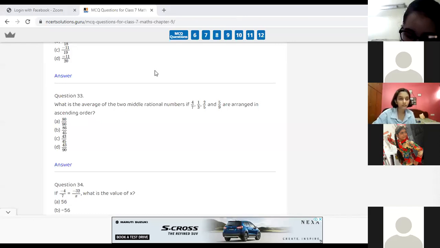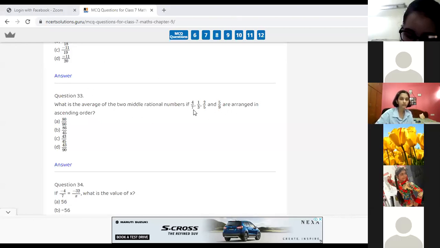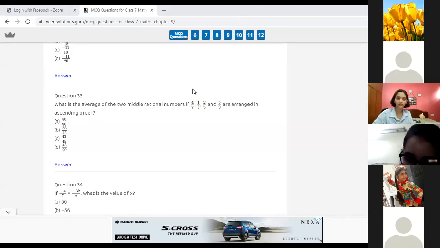What do you have to do in this question number 33? What is the average of the two middle rational numbers? Yes, who will tell me this? No one is there.